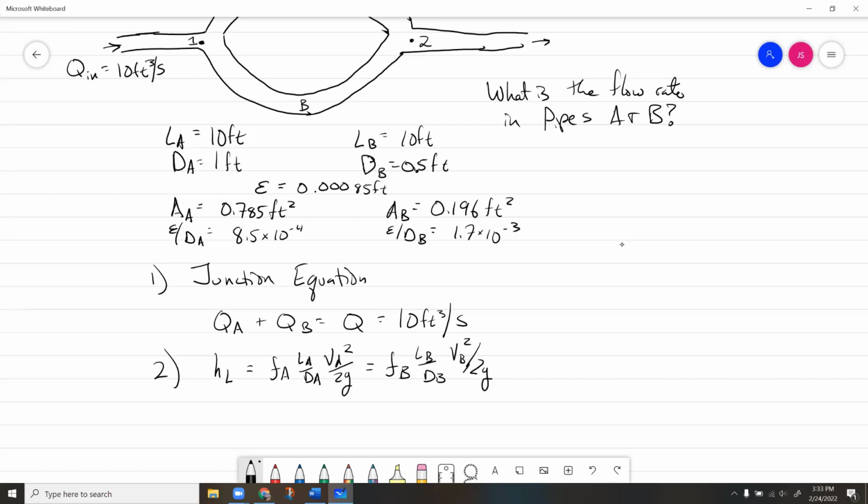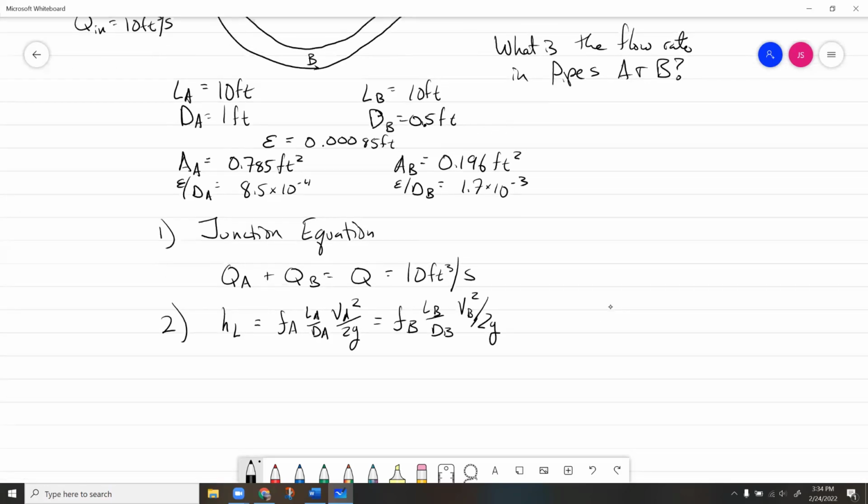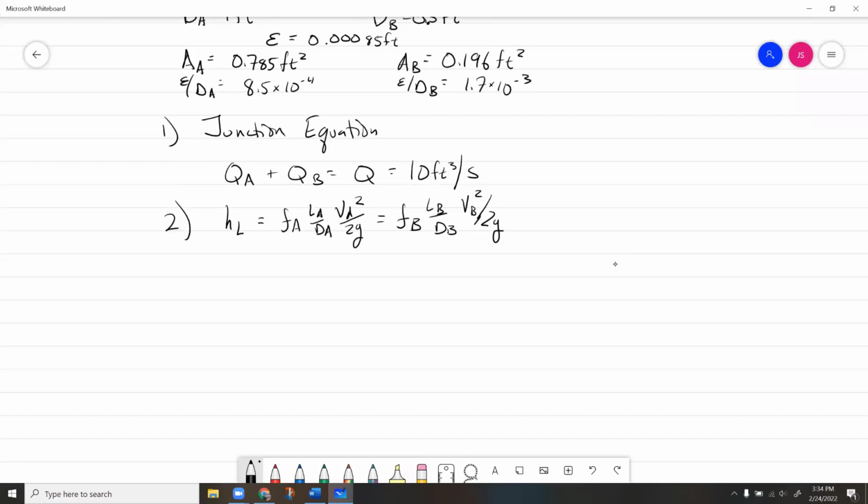All right. Now we've got two equations, and we'll note that velocity of A is in this equation, and velocity of B is in this equation. So ultimately, we are going to be solving for velocity A and B. Two equations, two unknowns, not super hard, but we could have an iteration here, right?